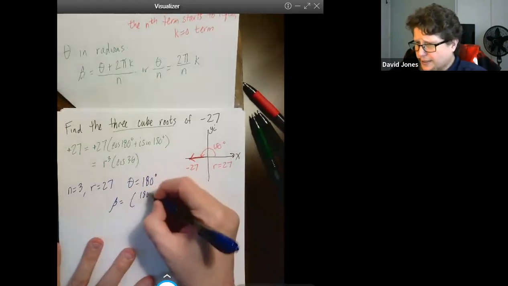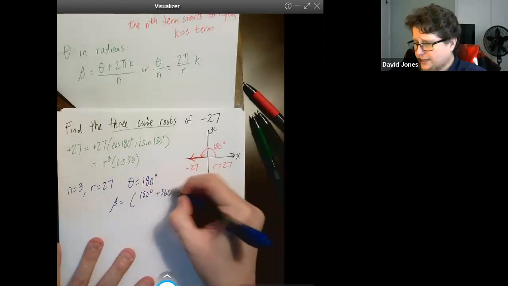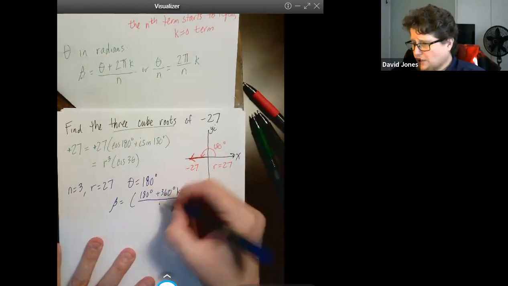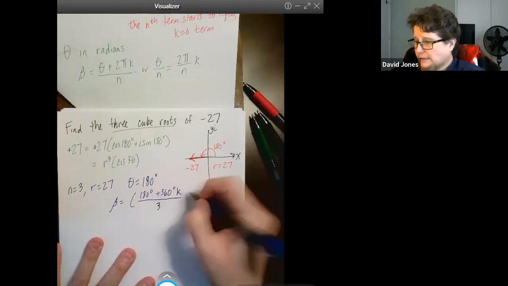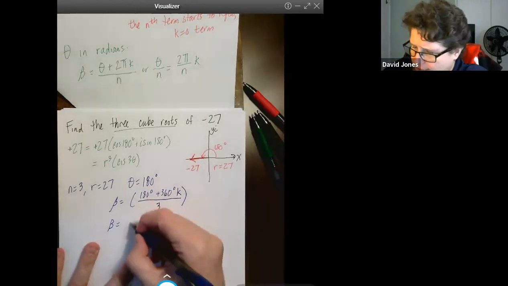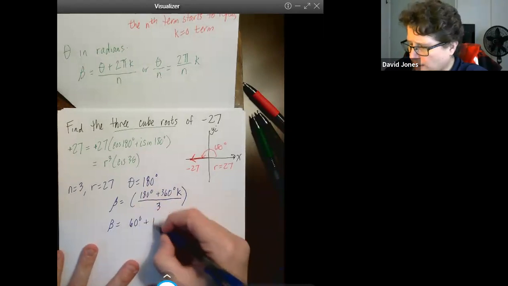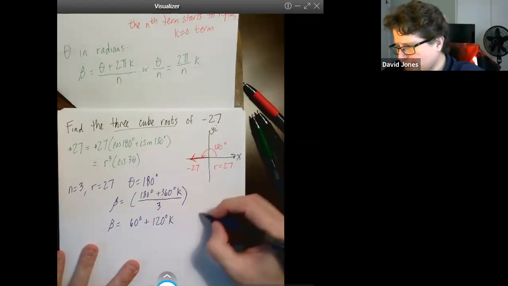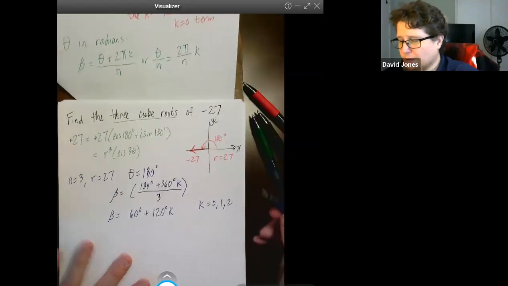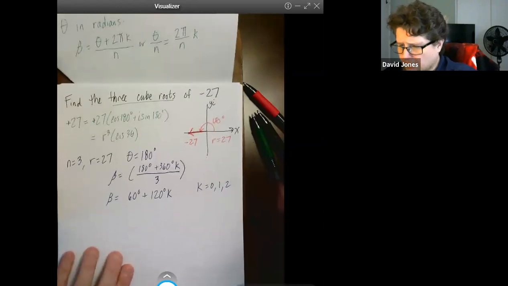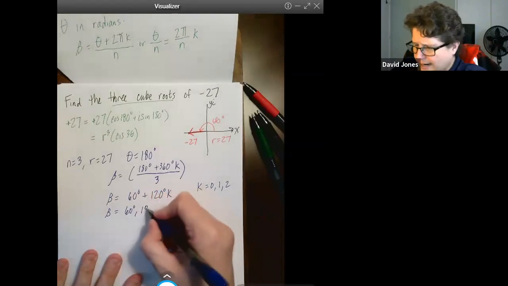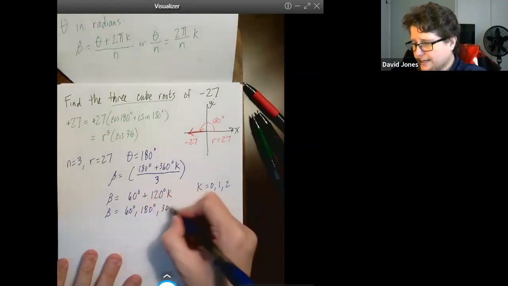It's 180 degrees plus 360 degrees times k over n, which was 3. Beta equals 60 degrees plus 120 degrees k. And we know k goes from 0, 1 to 2. It stops at 3 because then it would repeat. So the possible angles we have are 60 degrees, 180 degrees, 300 degrees.